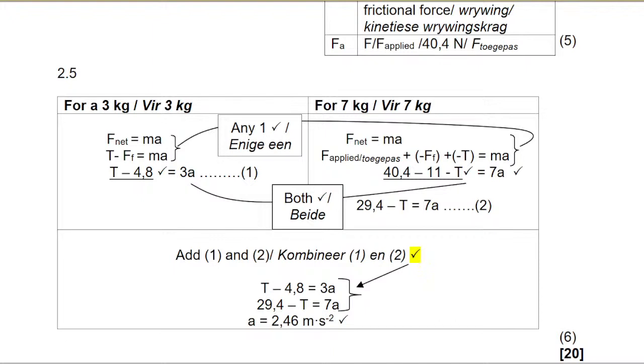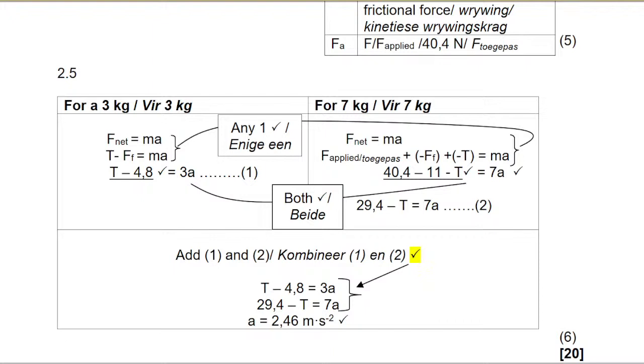Now, if the learner is going to substitute anything or to add, you must remember we said add equation 1 and equation 2. Once you see that the learner is trying to add both equations, you must award a mark for that addition.